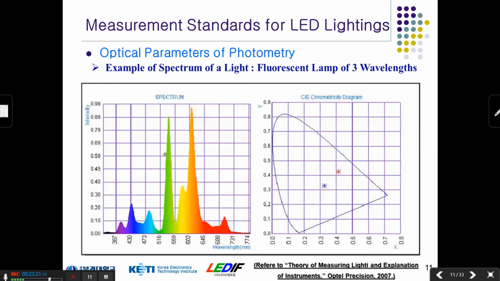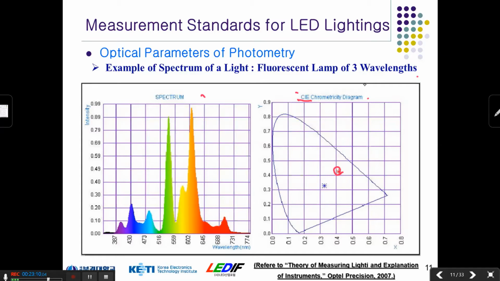From this slide, example spectra of light sources will be shown. At the left side, the spectrum of a fluorescent lamp of 3 wavelengths is shown. At the right, the location of the fluorescent lamp, the symbol of the red star, is shown on the CIE 1931 chromaticity diagram.